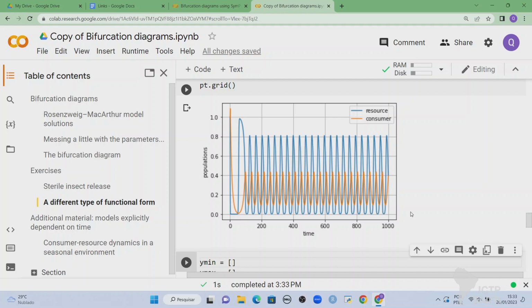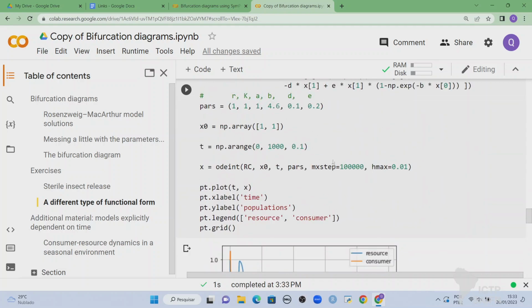Sometimes odeint doesn't solve the equation correctly and gives you this kind of issue. There are several options to odeint to make it work harder at the equations to solve them. But I think this is a topic for another time.